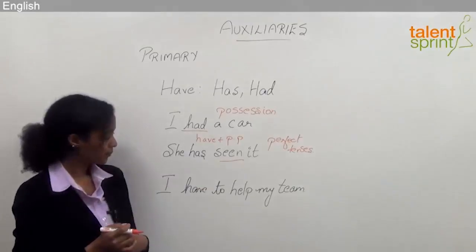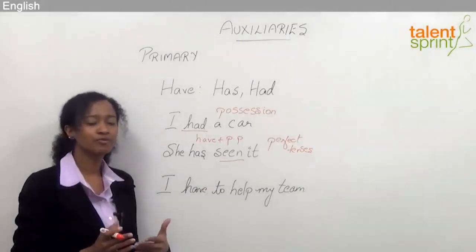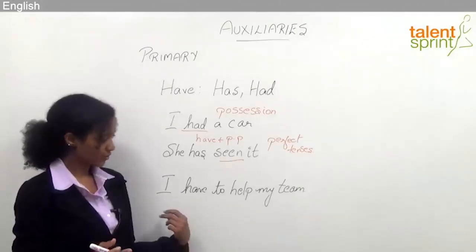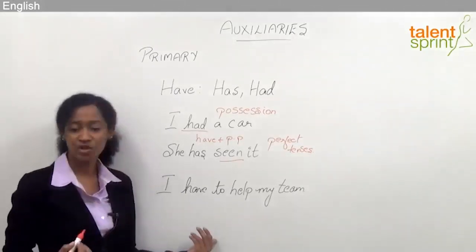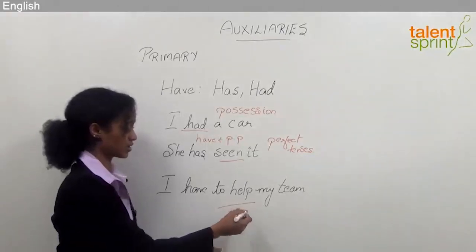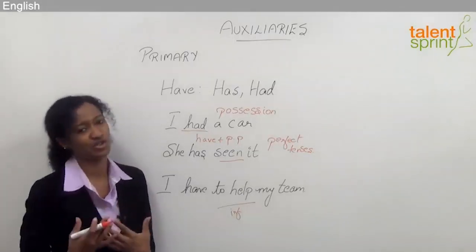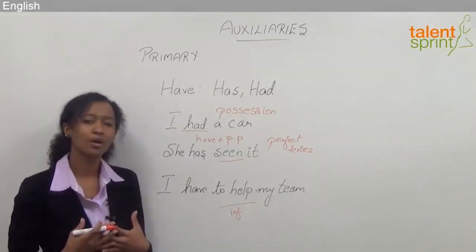Okay. It is also used to express obligation when it is followed by an infinitive structure. So here, the infinitive structure is to help, right? This is my infinitive. So I have to help my team. It's an obligation, you know, I should.